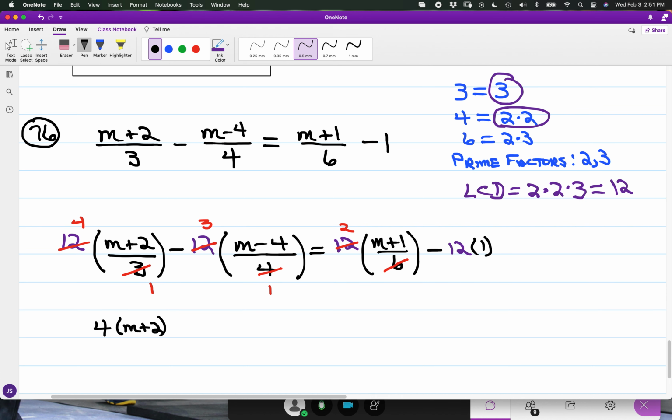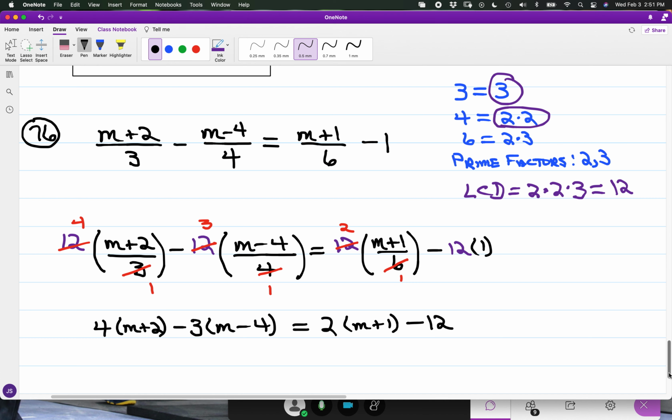Now we've got the subtraction to bring down, and we've got 3 times the quantity (m minus 4). And we have is equal to, and again, 6 will go into 12 2 times, and to the right, we have 2 times the quantity (m plus 1). Again, we have minus 12 times 1, so we have minus 12.